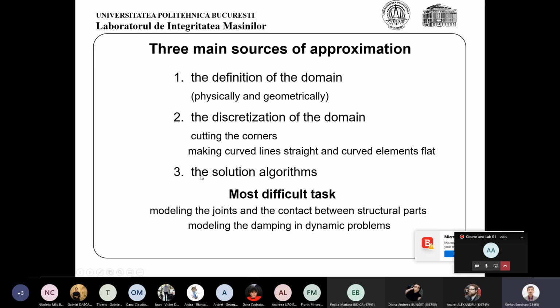And also we can have the approximation for the solution algorithms. In these solution steps, we must make a lot of modeling. We must model some joints, contacts between some parts, damping, for example, in dynamics problems.